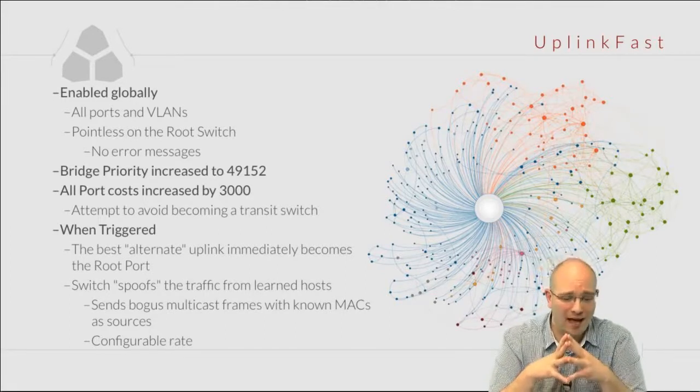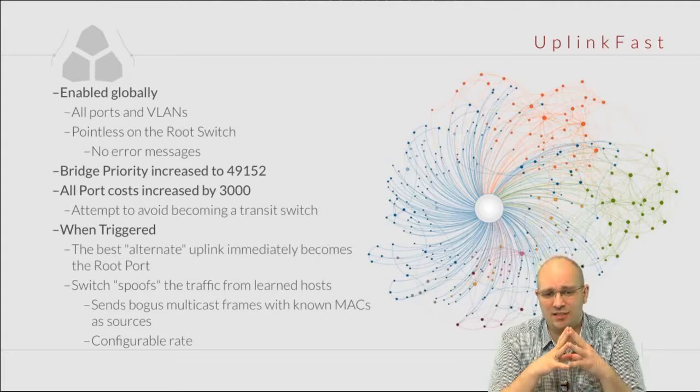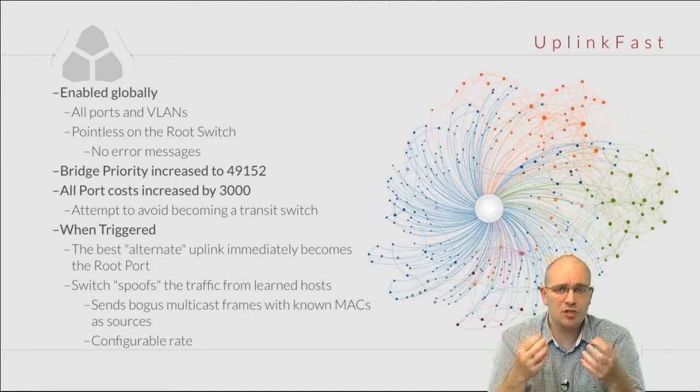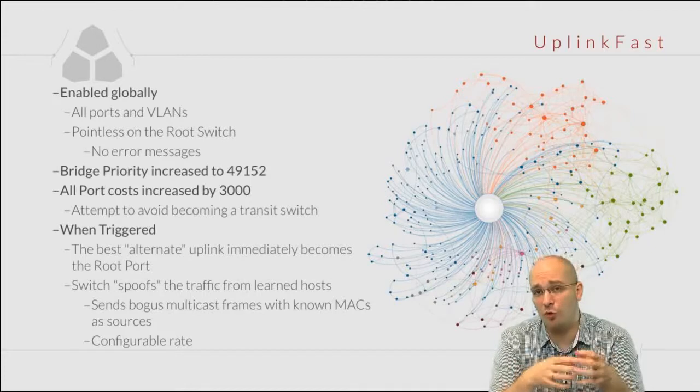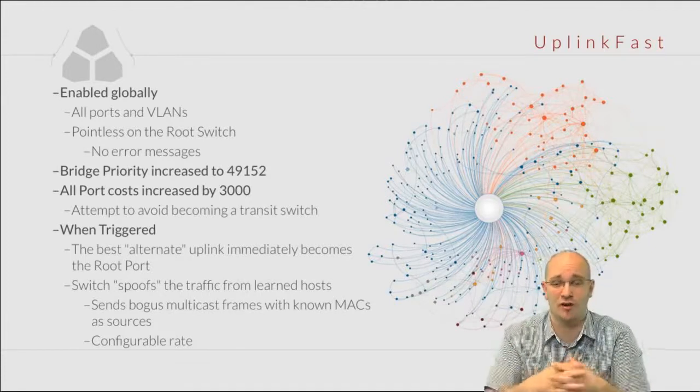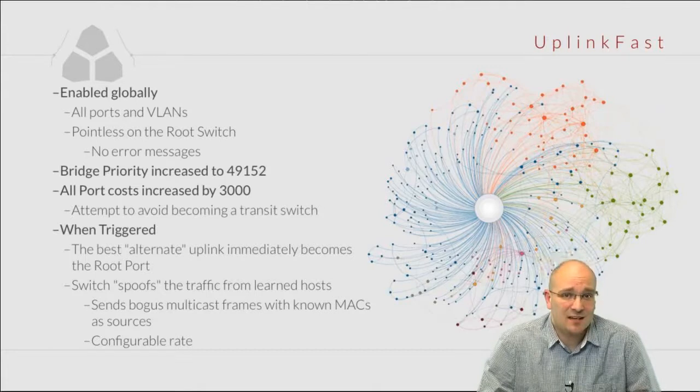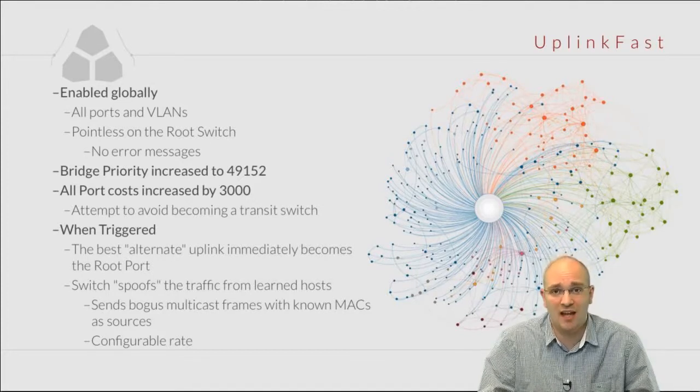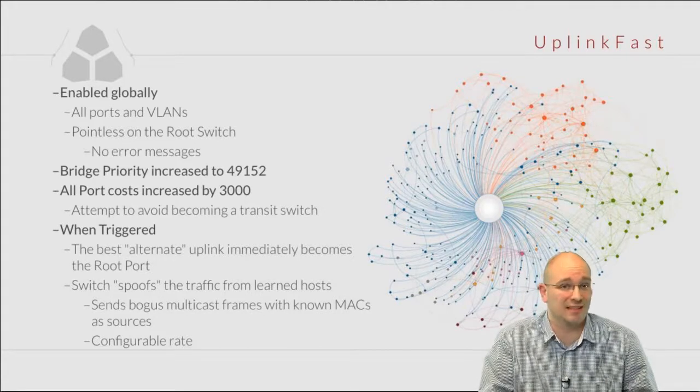Another thing that is going to happen when this is triggered is that the switch is going to try to spoof the traffic from the hosts it knows about. Remember that switches learn the MAC addresses of all the hosts that are sending the traffic through the switch. These MAC addresses are stored in the CAM table. When UplinkFast is triggered, the switch is going to start sending bogus traffic from these hosts. So the switch is going to send the traffic as if it was sent by these hosts, and it's going to be sending them out to a special multicast destination.